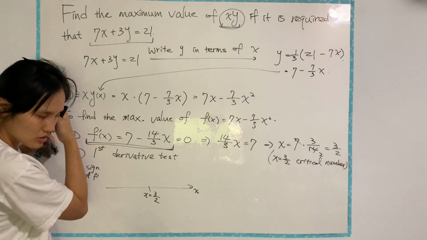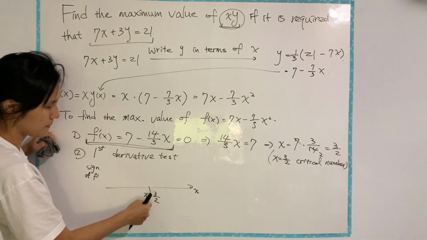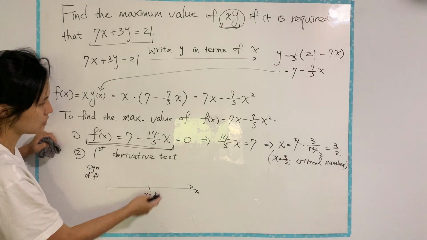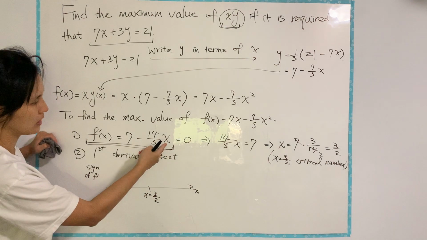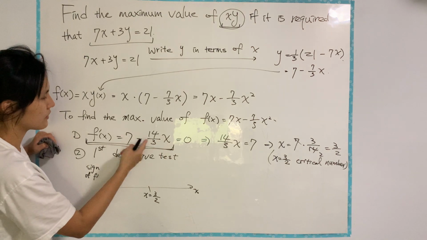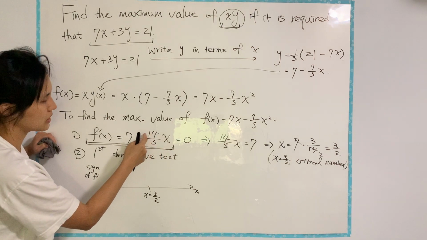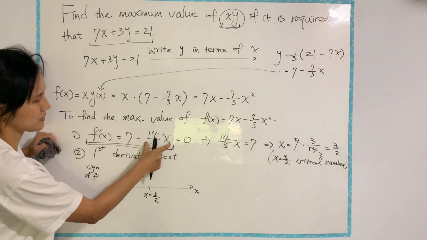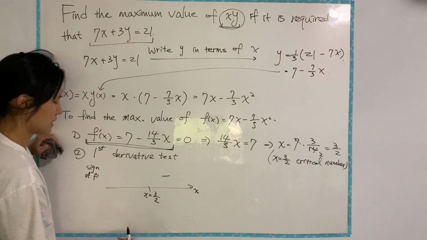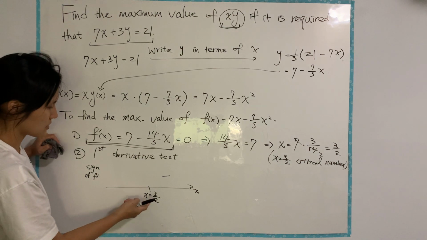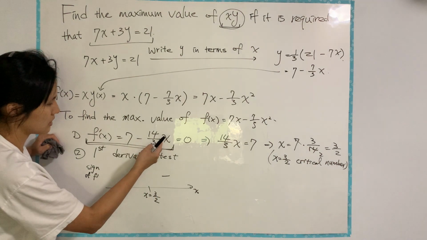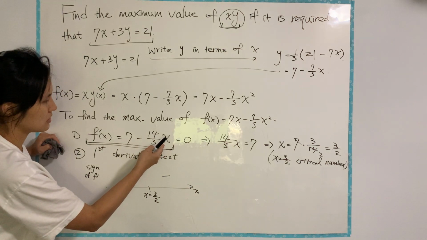Okay. So if x is larger than the critical number or critical point, let's make it very large. Let's say x is equal to 100. Then 7 minus 14 over 3 times 100 is negative because this number is very big. So I have a negative sign here. What if x is smaller than 2/3? So let's say x is equal to 0.